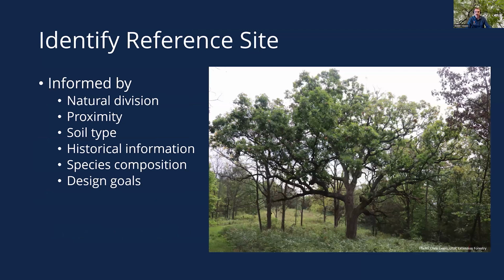Using that in unison with your soils data and your baseline inventory, we can now identify a very specific reference site that matches, hopefully, our soil types and the recommended ecological associations for those soil types. And going back to those natural divisions and the area that you're working in, we can now really narrow down a specific site that we want to look at.